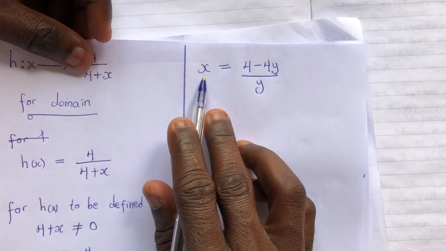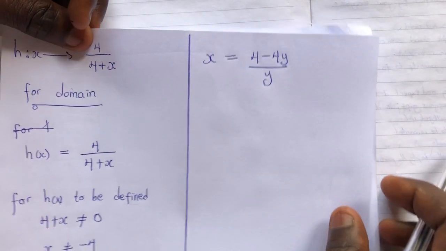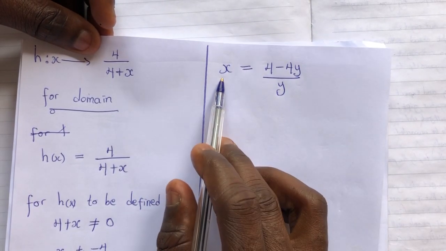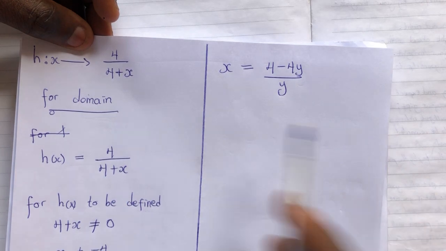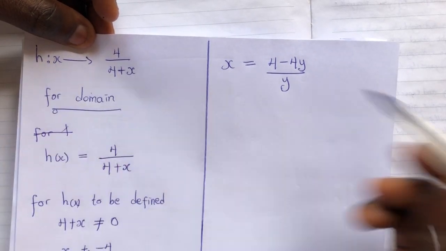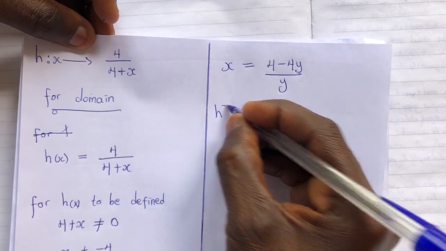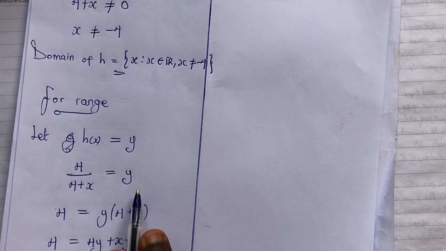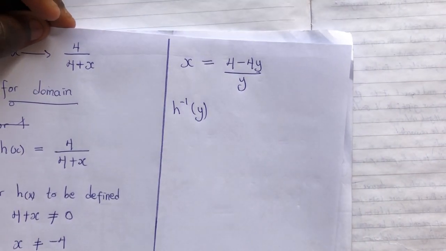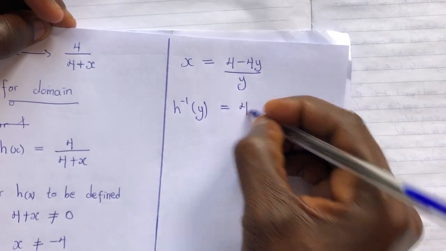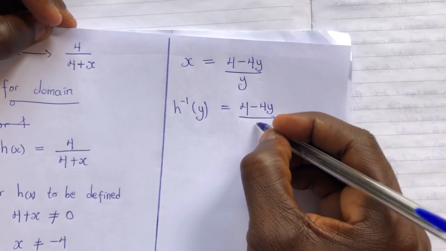Now this x becomes the inverse, and we learned in the first example that the inverse is x. We rewrite the inverse by using the inverse statement. So the function given to us is h of x. So I'll just say h inverse of what? y, because we are working for y values. So h inverse of y equals 4 minus 4y over y.